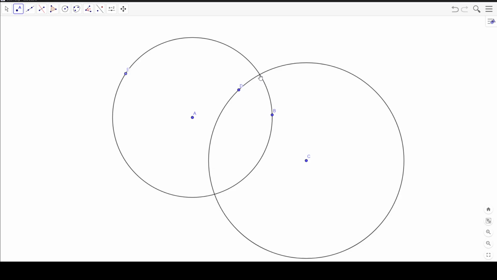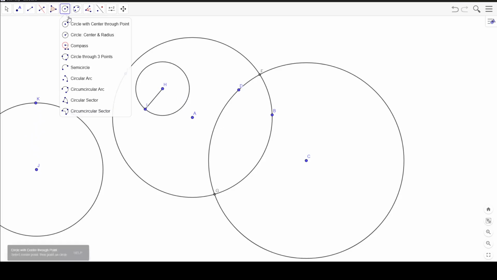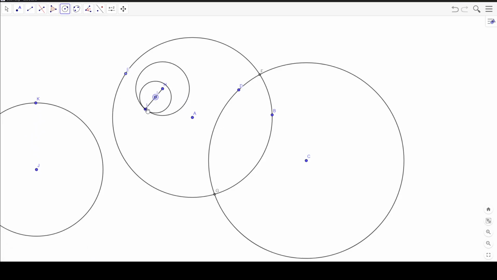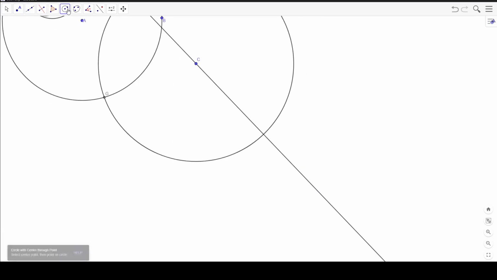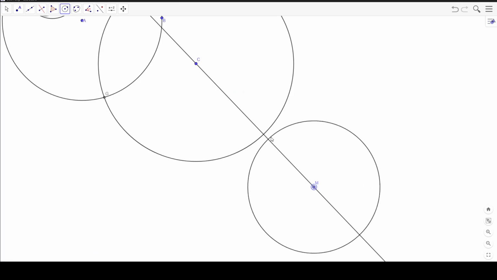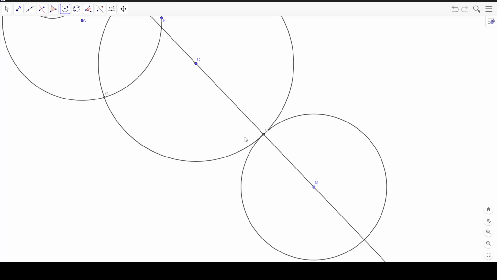So theorem 2 tells us that we will have, again, exactly 2 points of intersection, which are F and G. Of course, the other things that could happen are we could have two circles which don't intersect at all, or we could have two circles that intersect at a single point. And this could happen either with one circle inside of the other like this, or, let's move over here, it could also happen with two circles touching on the outside like this.